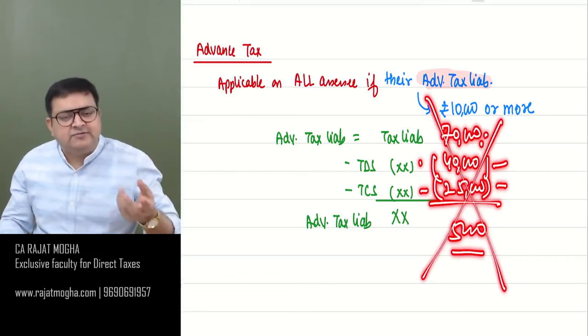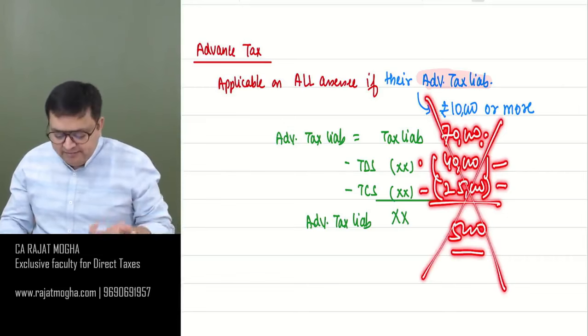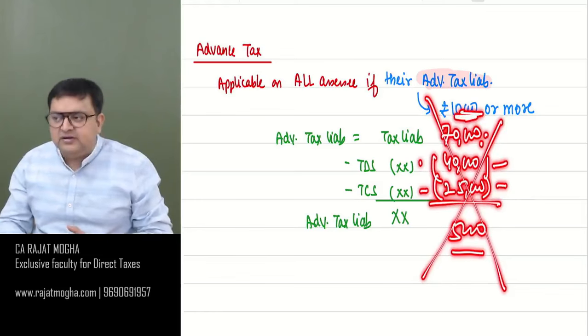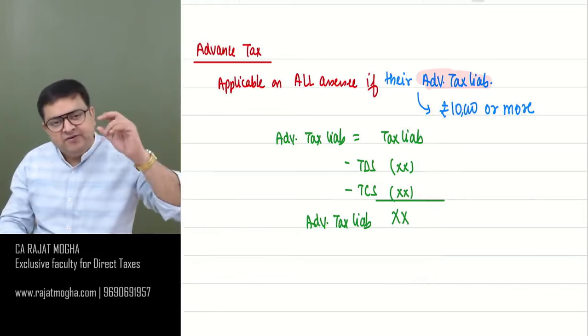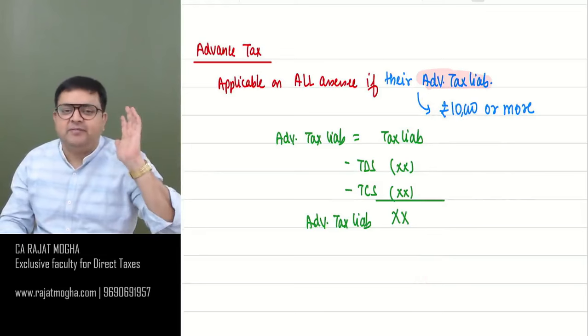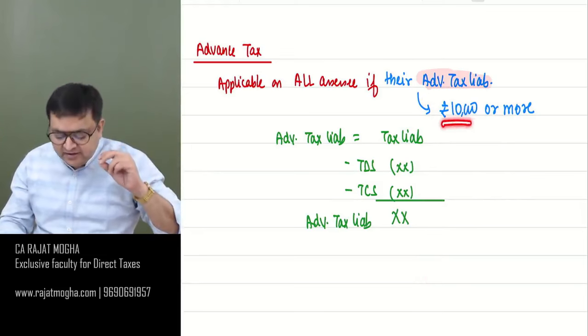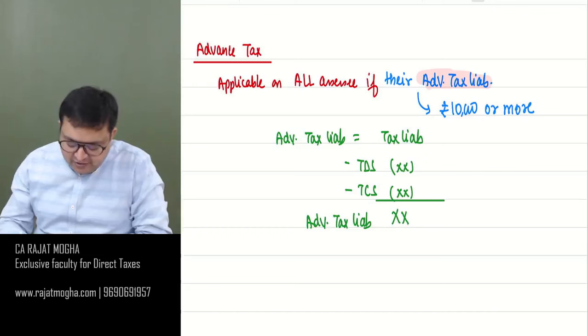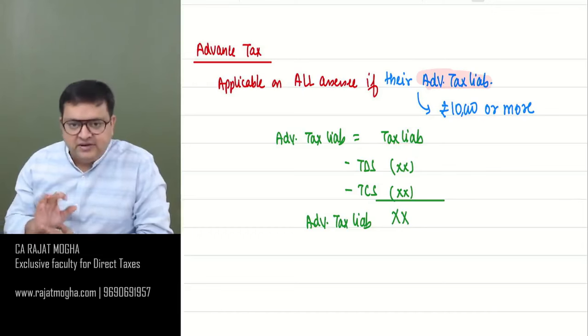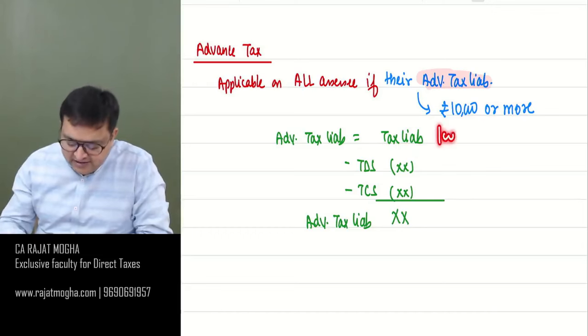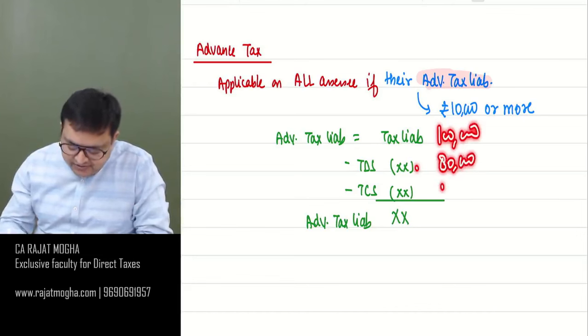Because advance tax provision is not applicable on you. Why? Because your advance tax liability is not touching 10,000. Even if it is 10,000, advance tax provision is applicable, right? 10,000 or more. So let's say your tax liability comes to rupees 1 lakh. TDS is 80,000. TCS is 10,000.